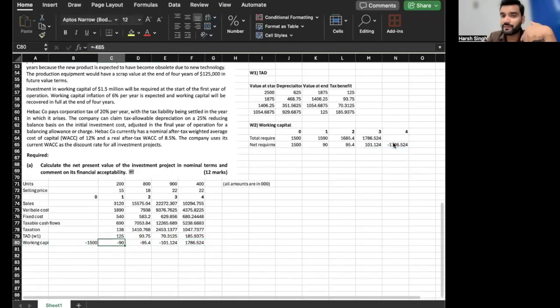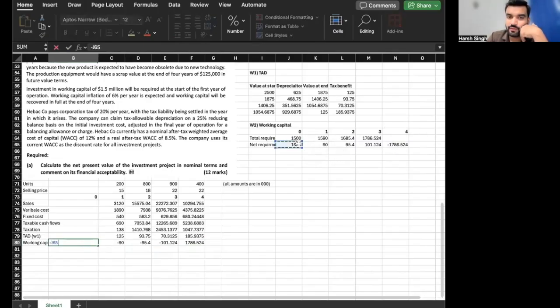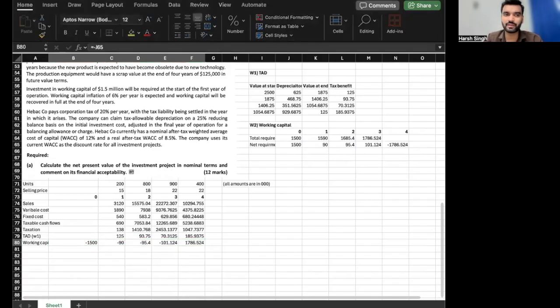Another method of doing it very quickly: you just put down negative 1500 over here and then drag it. Still you will get the same values. Okay, great. Now this part is done.